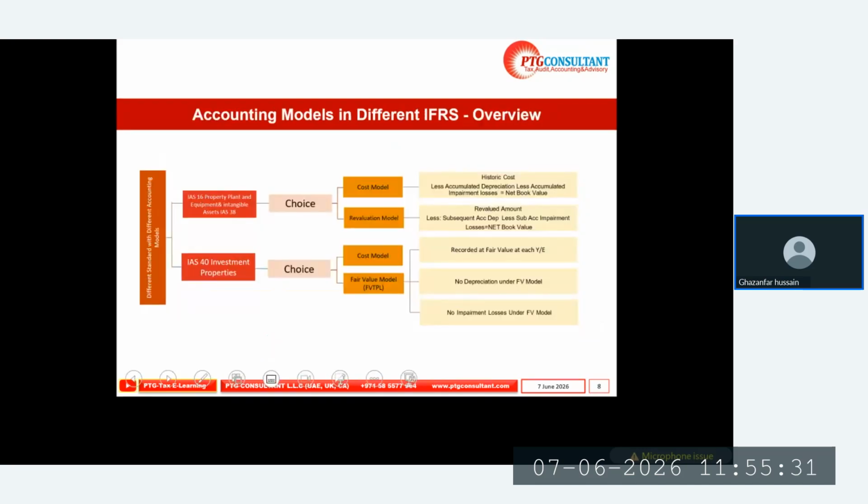Okay, the accounting models in the different IFRS overview, we already looked into that before starting. IAS 16 property, plant and equipment might come under the cost model or the revaluation model.